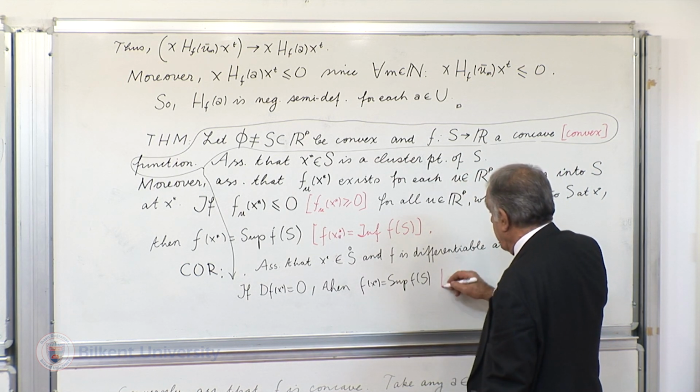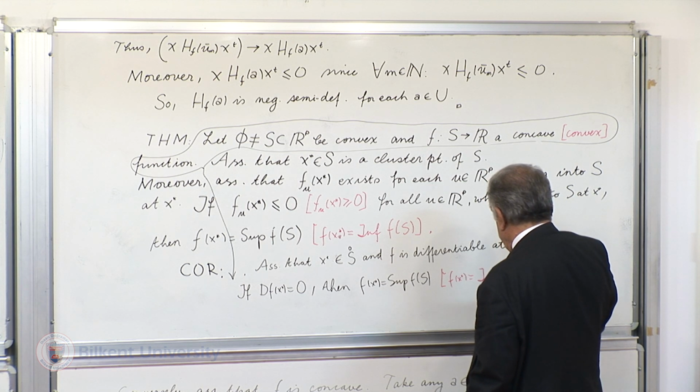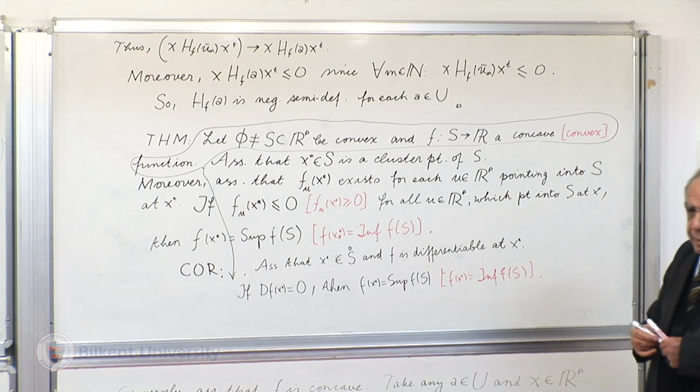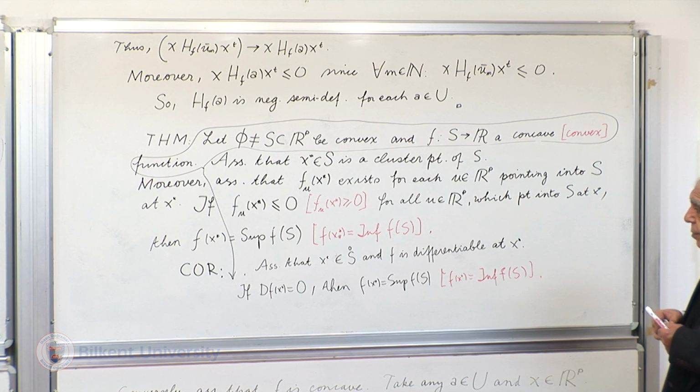And in the red case, when f is a convex function, f of x star is equal to the infimum of f of s. This is a straightforward corollary to this.